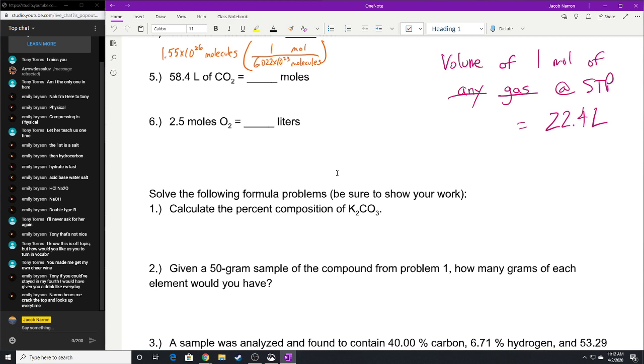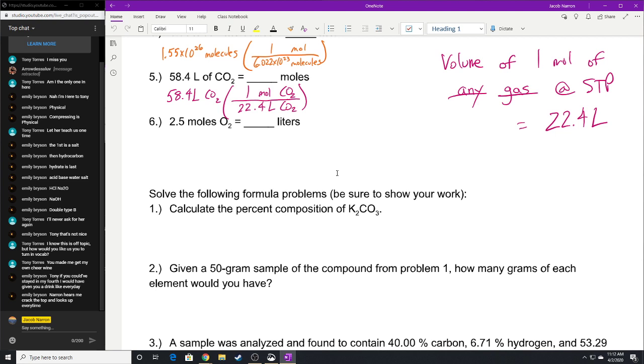I'm going to start with 58.4 liters of CO2. So I need to put 22.4 liters on the bottom and 1 mole of CO2. If you don't remember, STP just means standard temperature and pressure. Standard temperature depends on where you look, but usually 25 degrees Celsius.